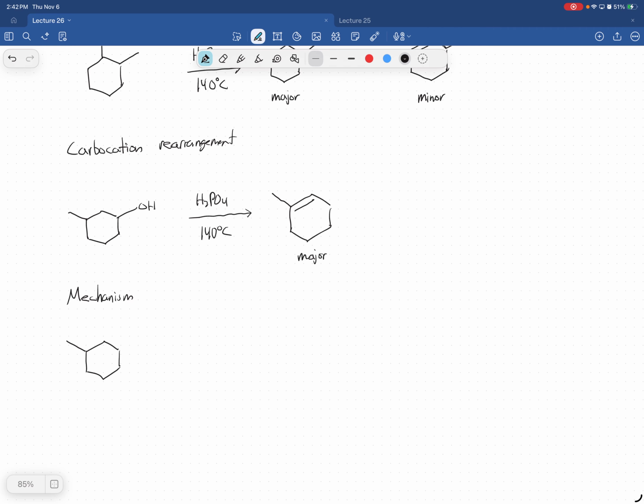Yes, you're going to protonate the alcohol from the acid, plus H2PO3H2. This will give you the same steps we saw with the other example, but now we have the carbocation.